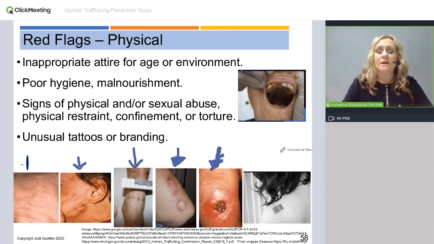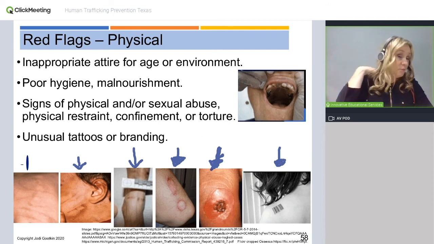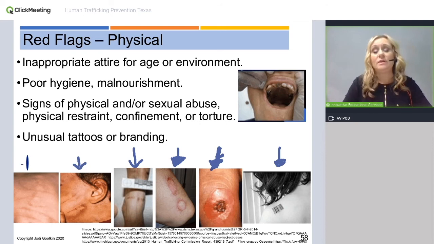And then looking at tattooing and branding, these might be unusual types of tattoos. It has been noted that some individuals do have barcodes, for example, on the back of their neck, something that the trafficker may be utilizing as a way to identify the individual as their property.